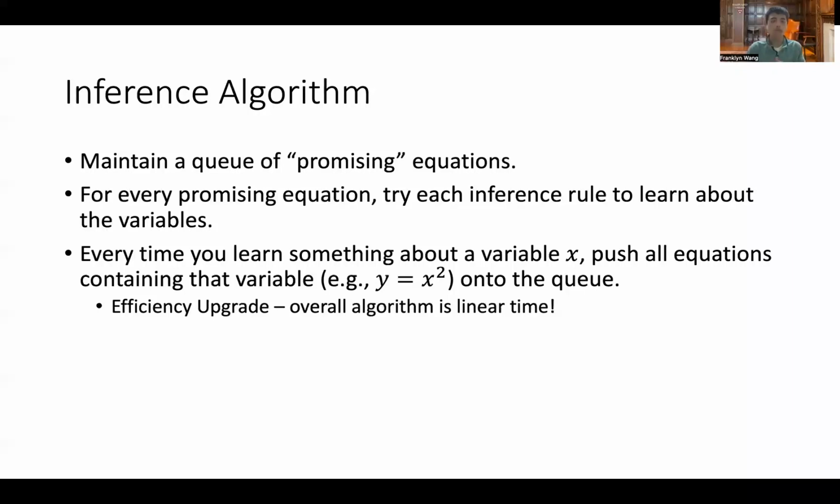Hopefully it's clear how the algorithm works once I tell you how I initialize the queue, because then you just look at the top thing on the queue, you try every single inference rule to learn about variables, and then you push things on top, and then you push things to the back of the queue.